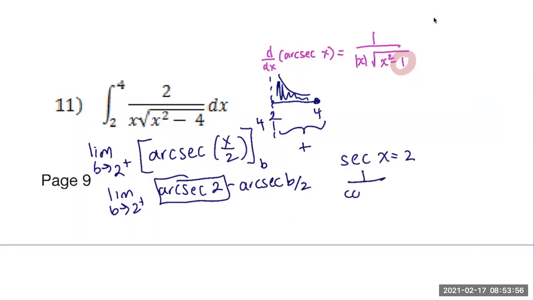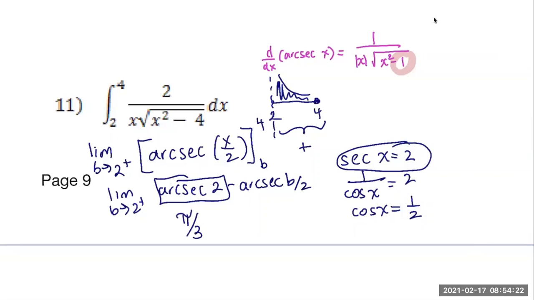Secant is the same thing as 1 over cosine, so this is asking me cosine of what angle is equal to 1/2. If you're looking at a secant expression that you're trying to find the angle of, you can simply take the reciprocal of 2 to get 1/2 and ask yourself, cosine of what angle in the first quadrant is equal to 1/2, and that is pi over 3.